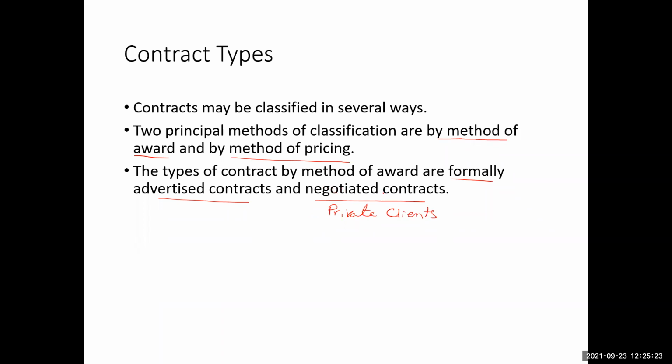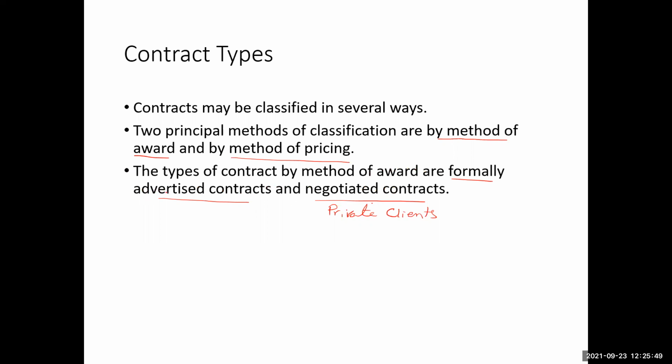So they can have the negotiated contract. They can approach some very famous construction company, and try to persuade them to work on their project. In that way, they can negotiate the prices at their desired values.